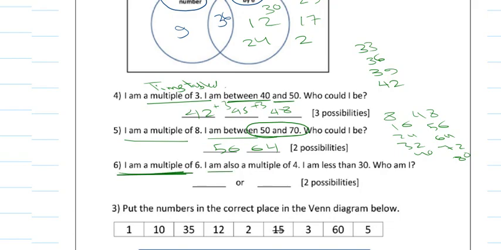I am a multiple of 6. I am also a multiple of 4. So this number is a common multiple of 4 and 6. If you write multiples of 6: 6, 12, 18, 24, 30, 36.